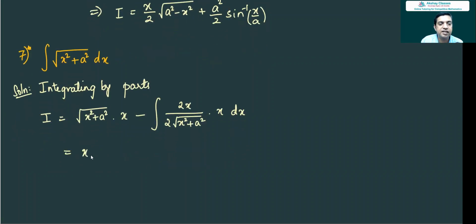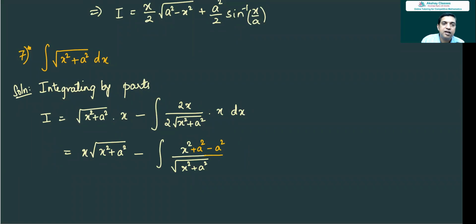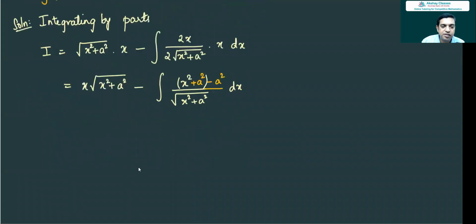So this is x under root of x square plus a square minus of, we have x square by root of x square plus a square. So the solution is easy. Add a square in the numerator and subtract a square and take the first term as x square plus a square.